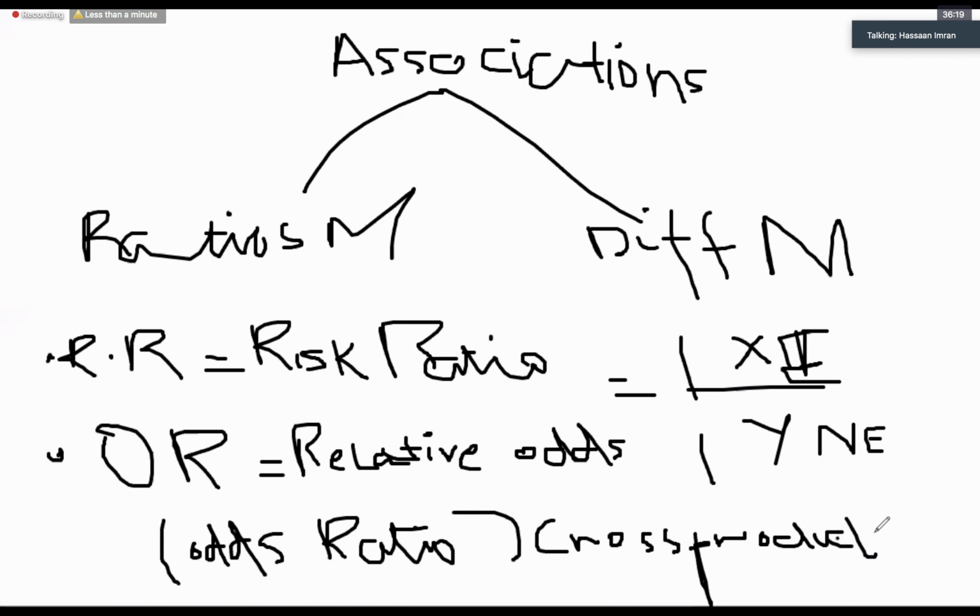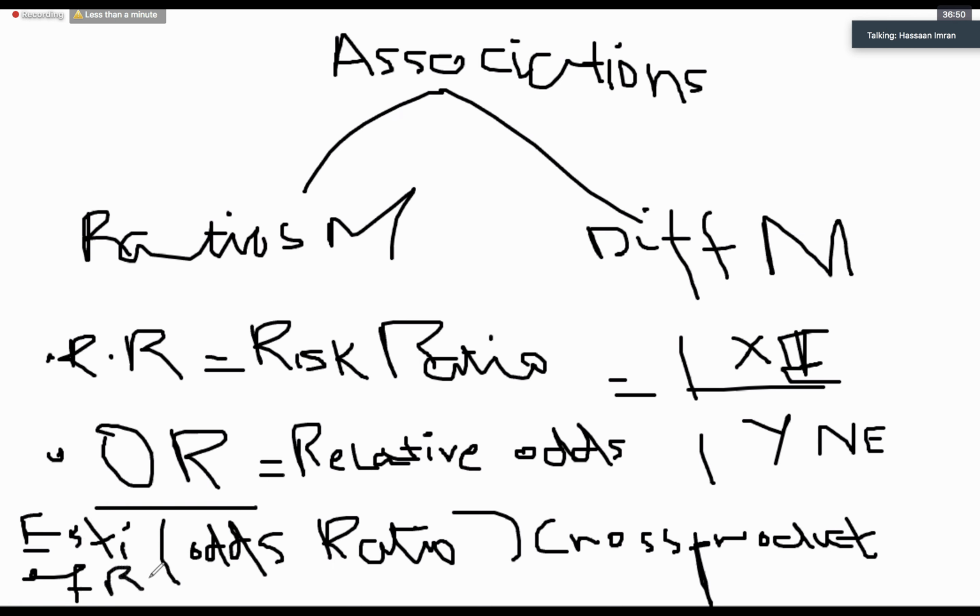And the most confusing term, the third term generally used for odds ratio, is estimate of relative risk. I told you that it is taken from relative risk. It is also known as estimate of relative risk. Clear, everyone?